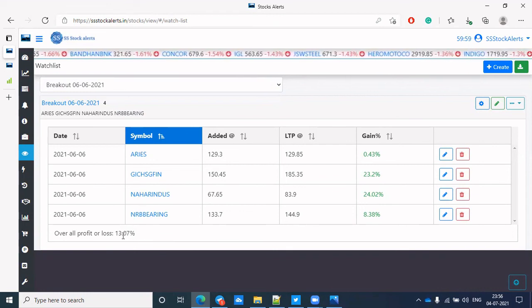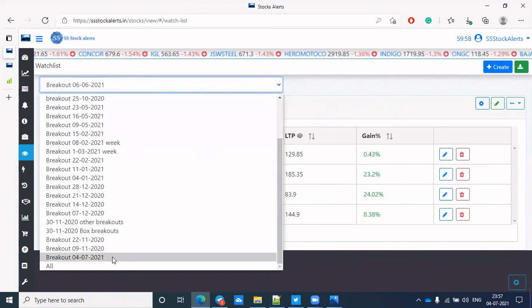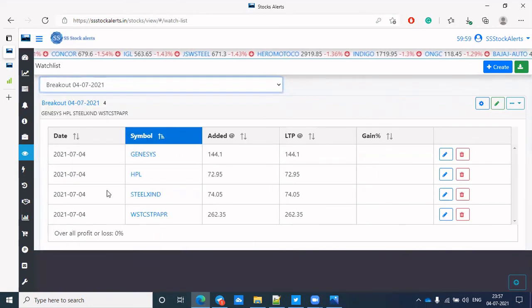Whenever I get this 10 to 15 percent, I exit from all the stocks and go with new stocks. Like here we have these four stocks, so I will go with the next trade, with these four stocks. I will keep them until I get the gains, or if the SL hits, it will be out of my portfolio. That's how I manage.